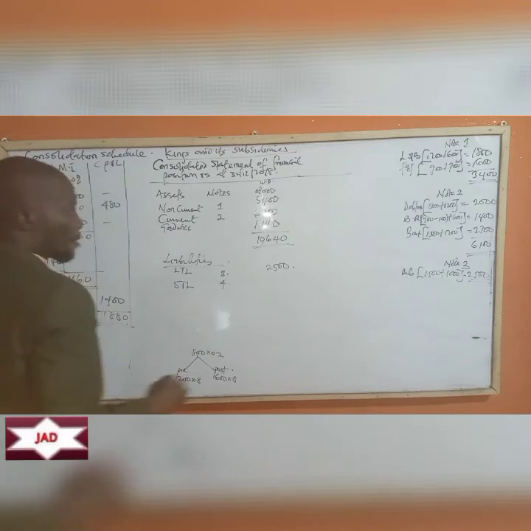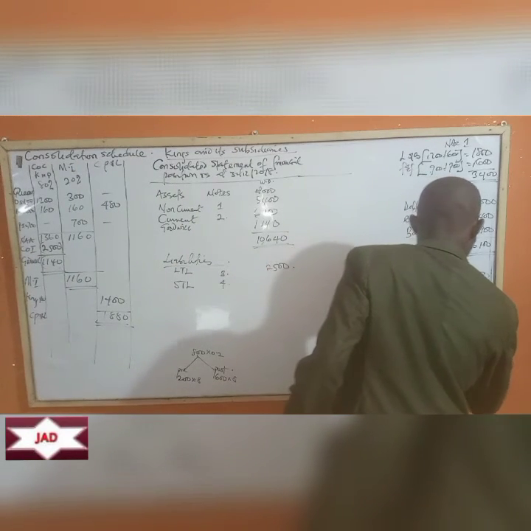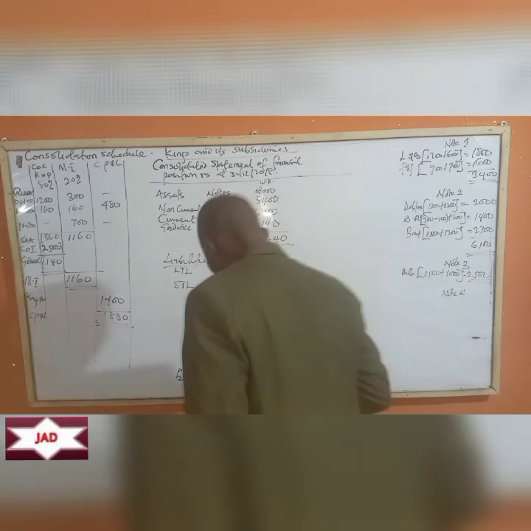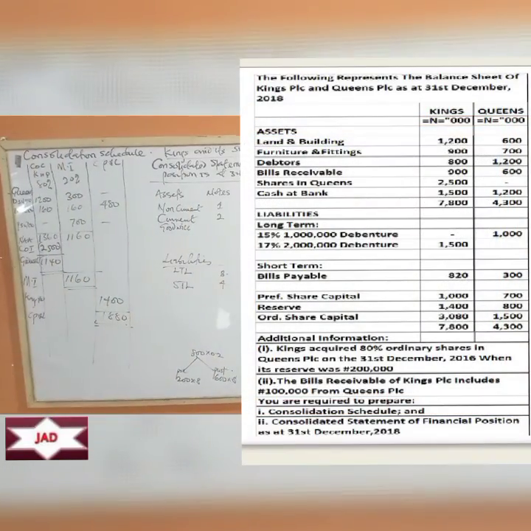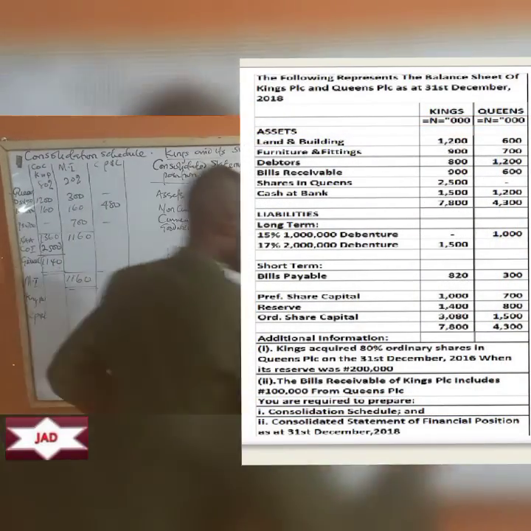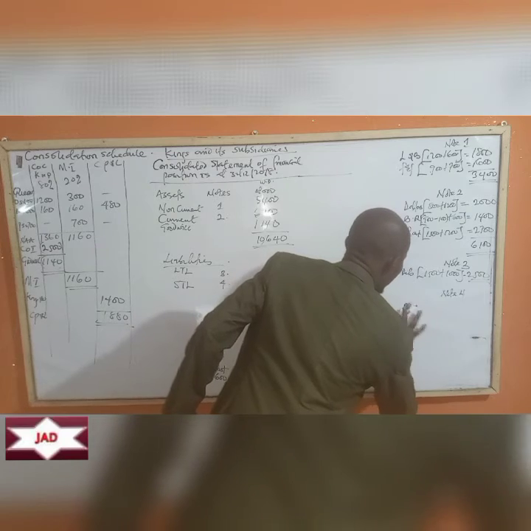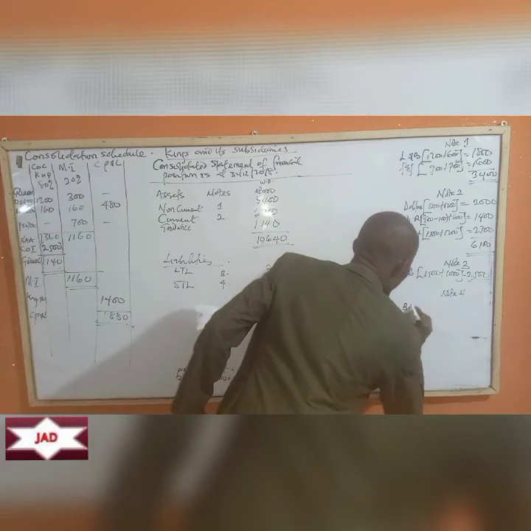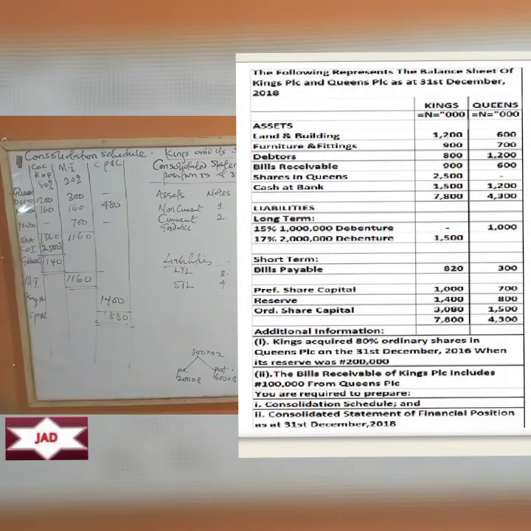Note 4. So what do you have there? Bills payable. So holding company's bills payable is what? 820.